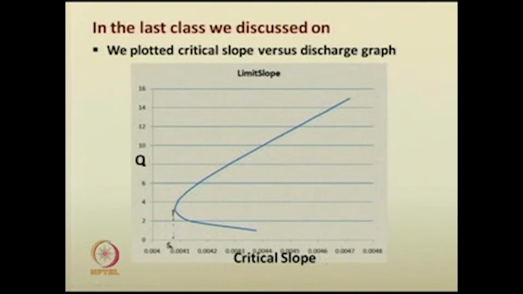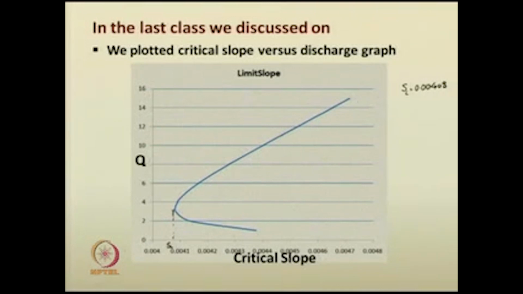So this is the limit slope. For that particular problem, S L was around 0.00408. Now, the actual bed slope in the problem can be either less than the limit slope or greater than the limit slope.